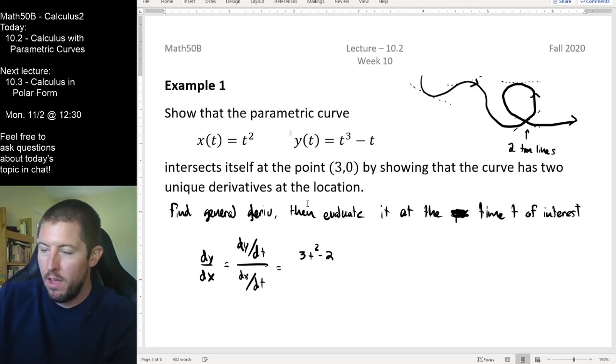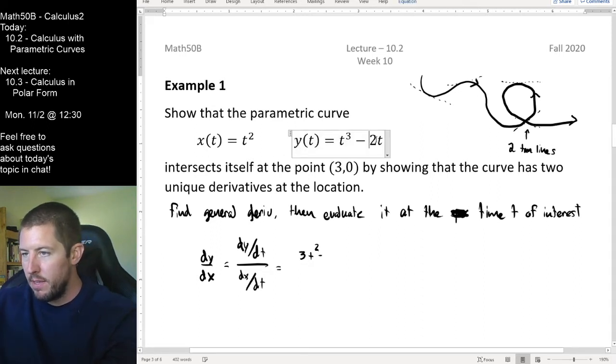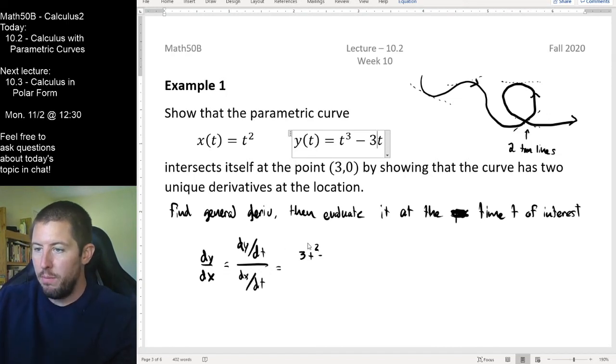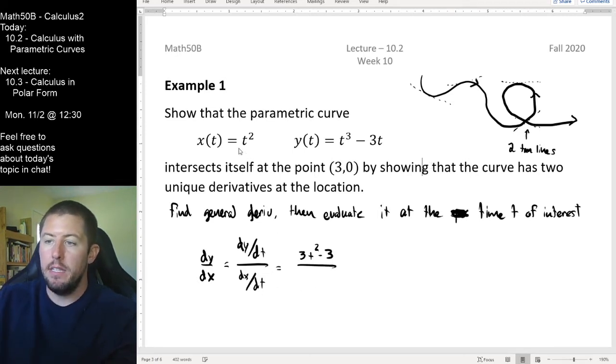Good point. My annoyance with myself right now is I've made this dumb little typo several times. Now I'm going to finally fix it. So this should be 3t squared minus 3. Okay, I'm done with that. We're good now. 3t squared minus 3, all divided by dx/dt, which is just going to be 2t, right?